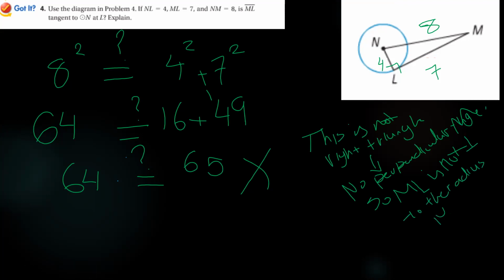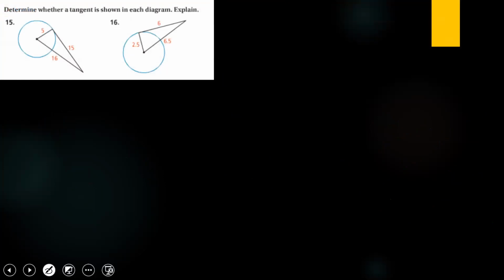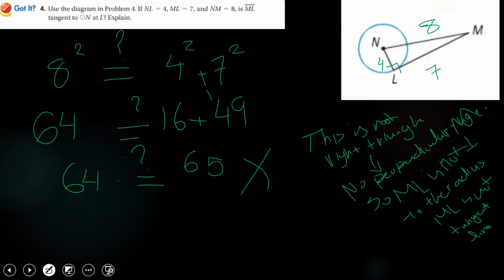So ML is not a tangent line. Teacher, so if the line is tangent, it should be a right triangle, right? If it's not, then it's not a tangent. Yeah, exactly. Okay. Thank you, teacher.